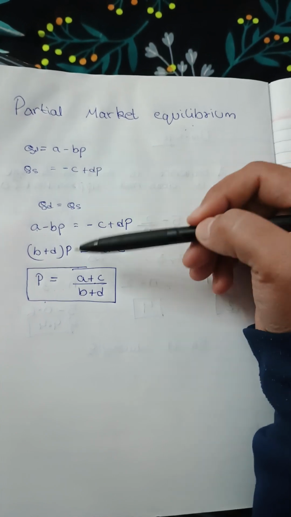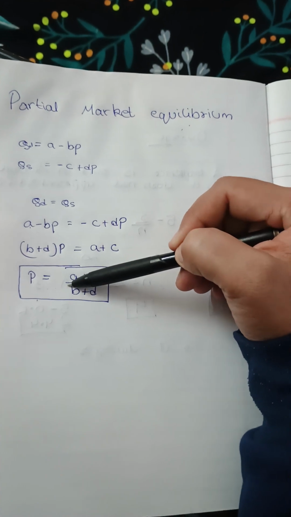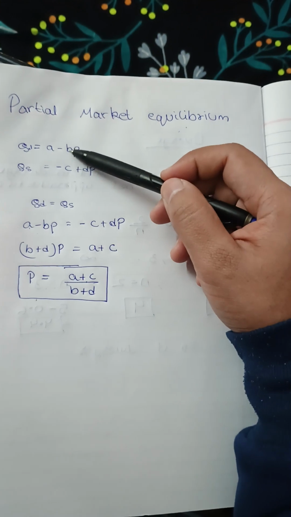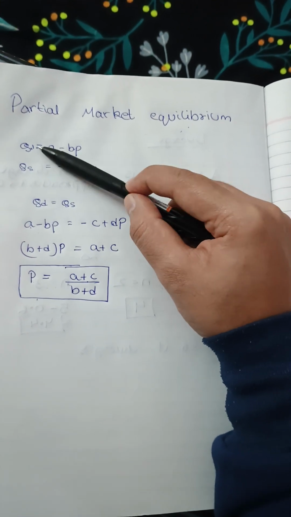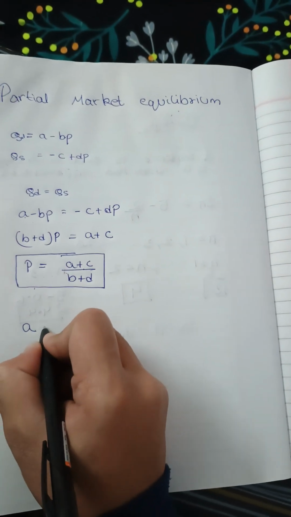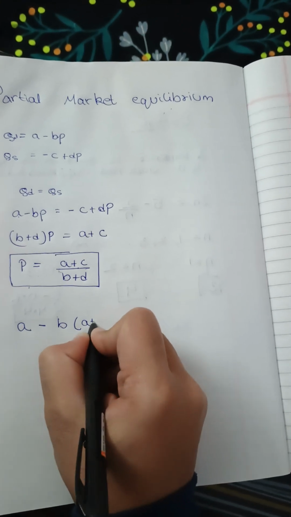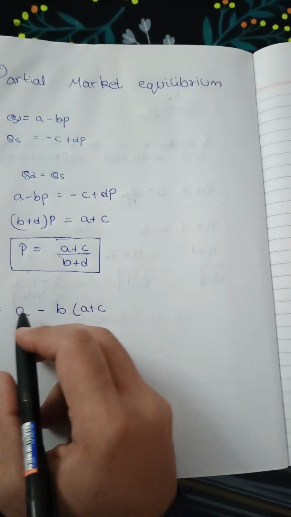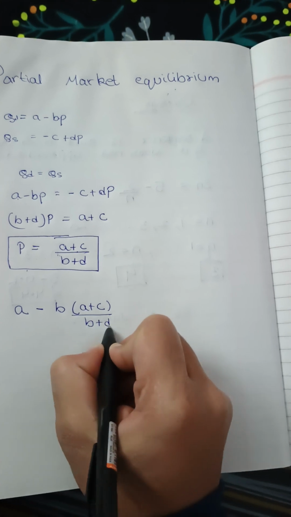For example, we substitute this value in the equation of quantity demanded. Here we get Q equals A minus B times (A plus C) upon (B plus D).